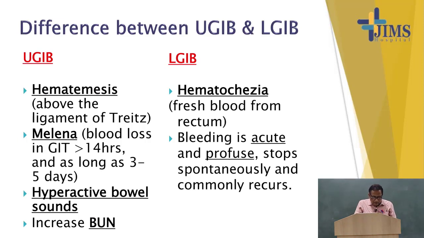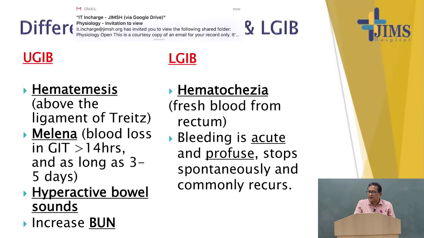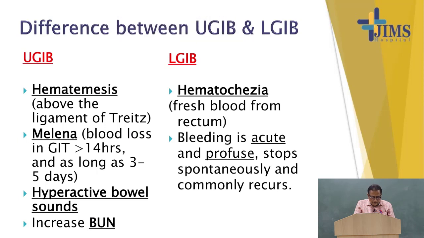Then urea will rise. This rise of urea with normal creatinine will indicate that there is bleeding in the GI tract. This blood is absorbed, that's why the blood urea is raised. We can also do liver function tests and prothrombin time for coagulation profile.